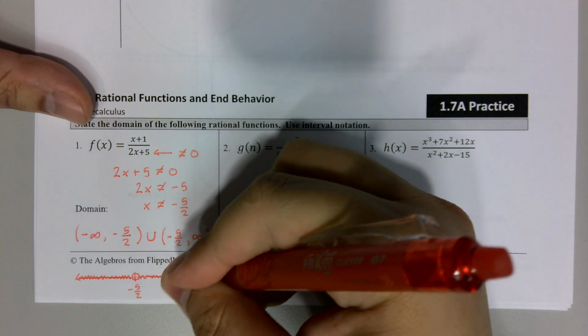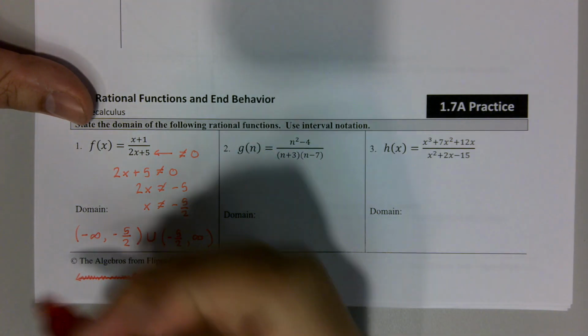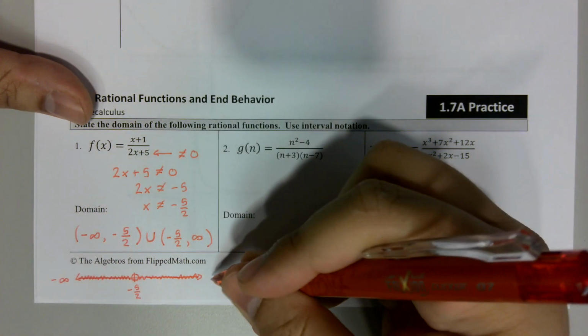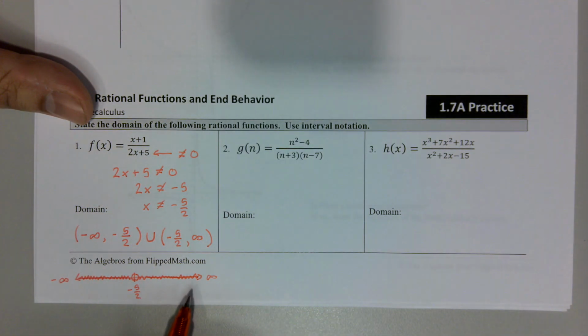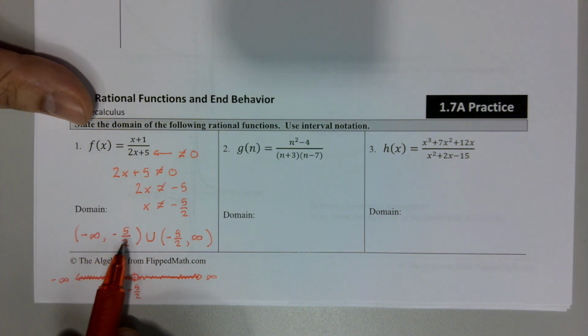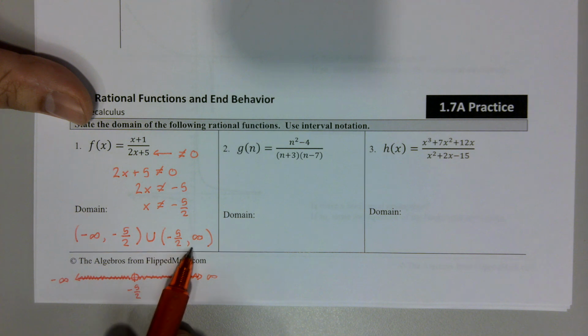We have domain over there, we have domain over here. All the way from negative infinity to positive infinity is fine, except for negative 5 over 2. And that's why when we write this in interval notation, it's negative infinity all the way up to negative 5 over 2, jump onto the other side of it, and then negative 5 over 2 to positive infinity.